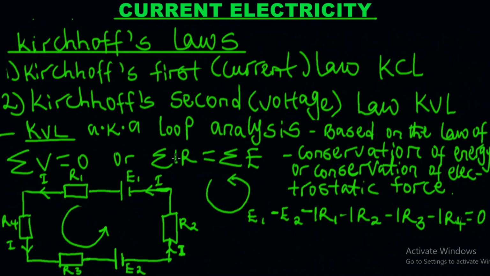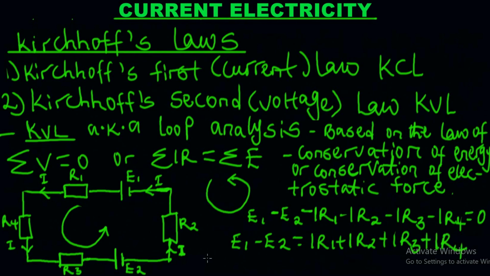Good. Or we could say, according to the second definition, the sum of all the voltage drops should be equal to the sum of the E.M.F. So we could present this as E1 minus E2 equal to the voltage drops, IR1 plus IR2 plus IR3 plus IR4.